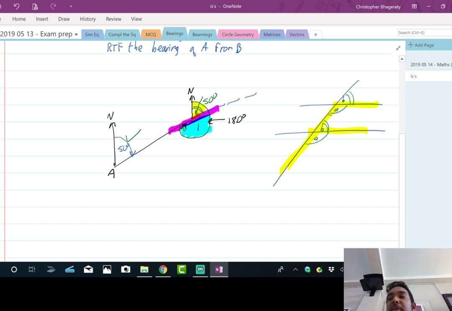So all we have to do to find the total bearing is what? Add the 50. Remember, what we want is the angle from here going this way. So the top portion is the yellow piece and the bottom portion is the blue piece. So yellow plus blue, well, it's green, but 50 plus 180 will give us the whole angle. So the bearing of A from B will be that 50 degrees plus the 180 degrees, which is 230 degrees.